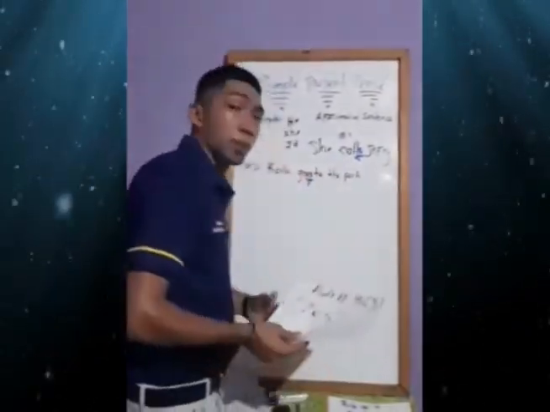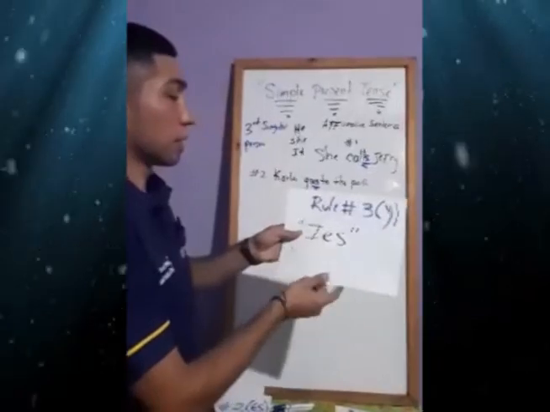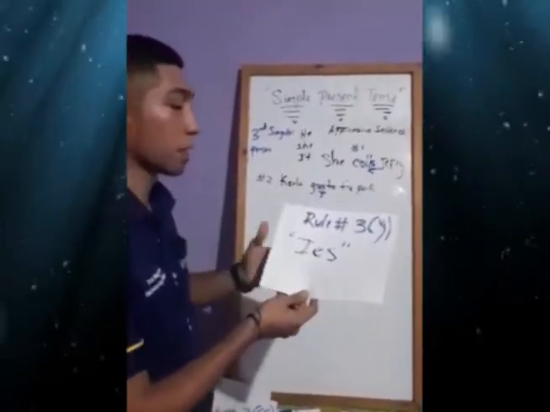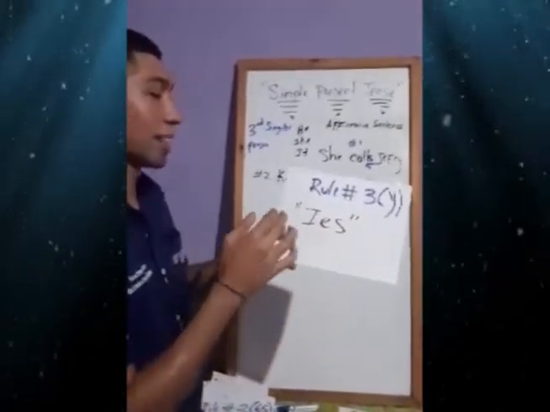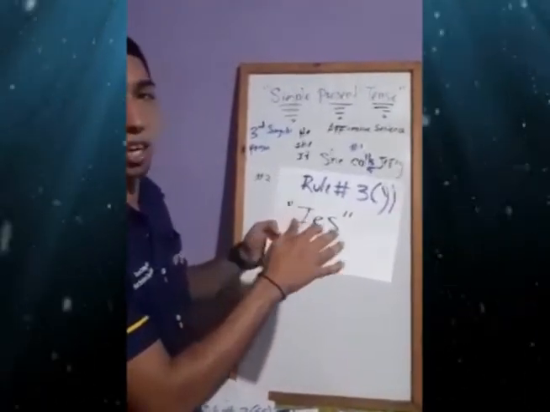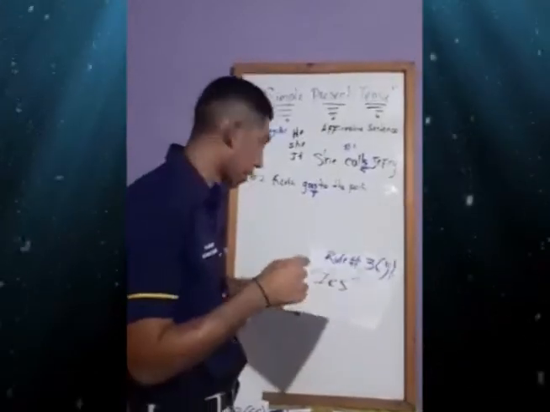Now we are going to rule number 3. When the verbs end in y, we change it to ies. Follow the example.